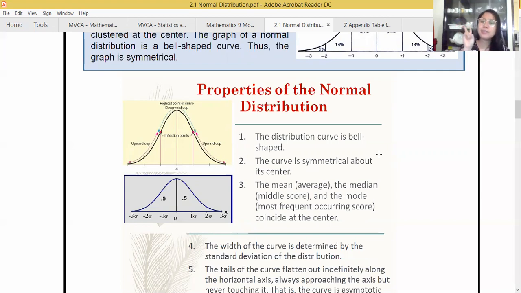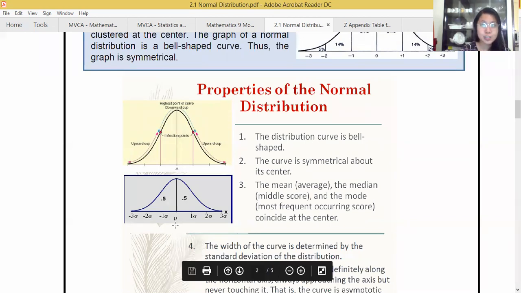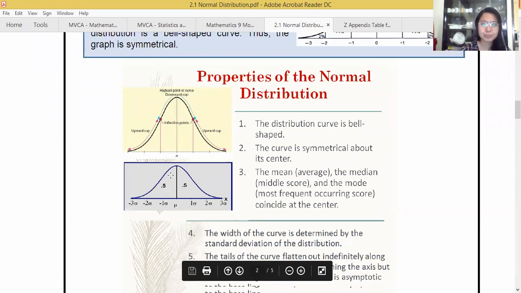Second, the normal curve is symmetrical. It means the left and the right sides are equal based on the center, 0. Next, number 3, the mean, the median, and the mode are at the center, or at z-score 0.